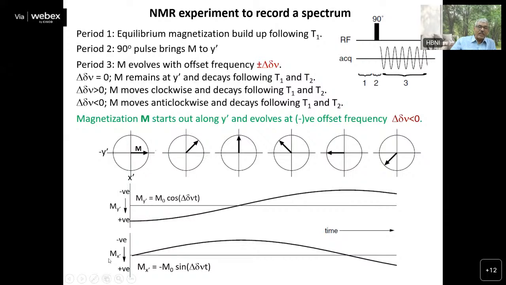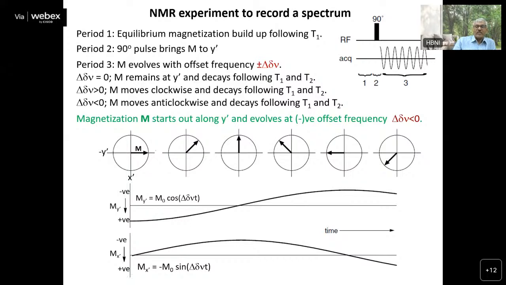That means you will get a negative signal along the x-axis, and then it will again decrease, and finally it will become positive. So when the y component magnetization is minimum, the x component magnetization is maximum, but on the negative side.